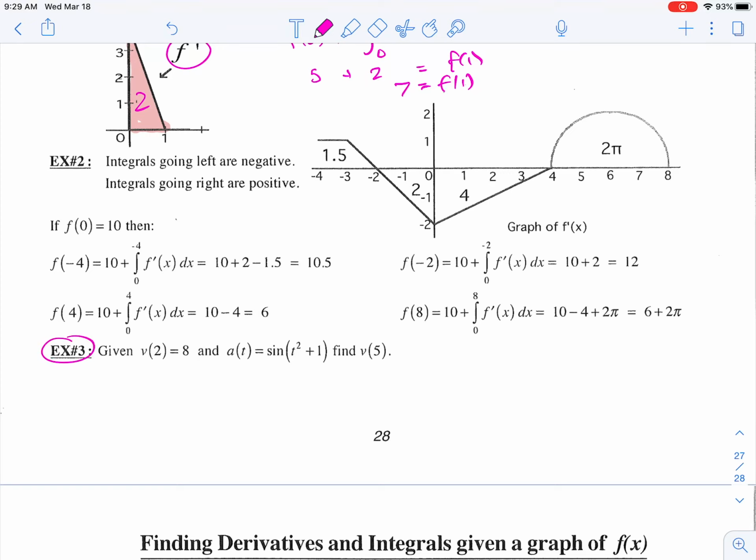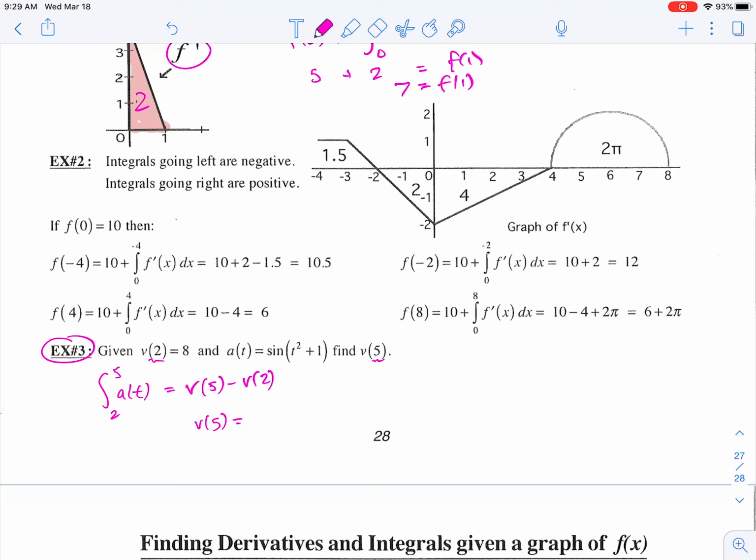Here's some examples underneath of here. You can obviously do them as needed. Example 3 would be a calculator problem. Integral of a of t from, when I look at my x values, 2 to 5, gives me v of 5 minus v of 2 as per fundamental theorem.